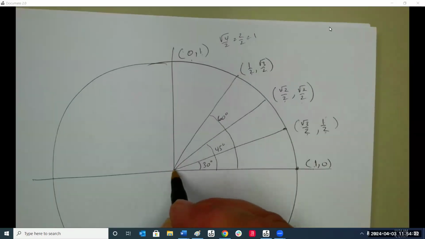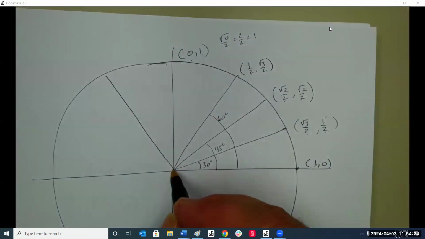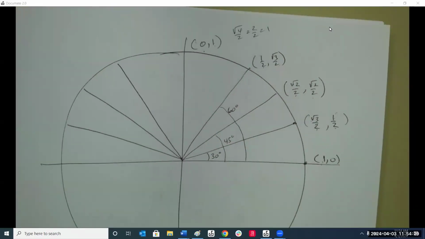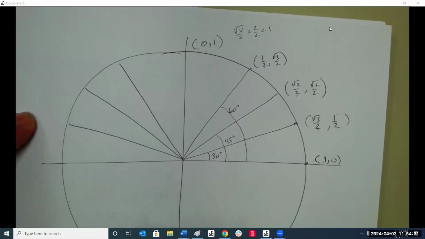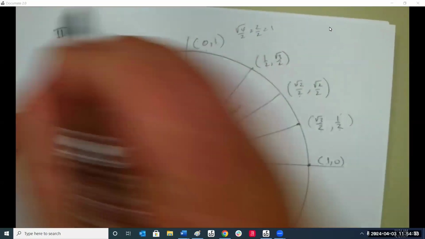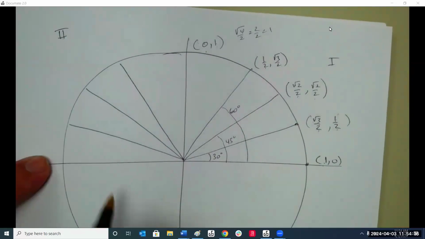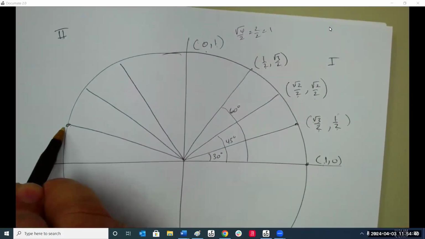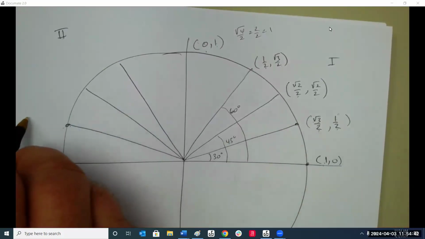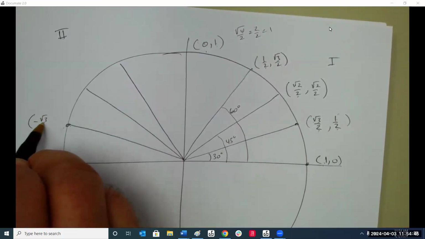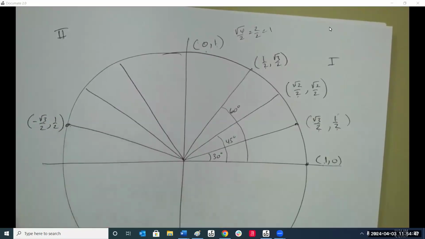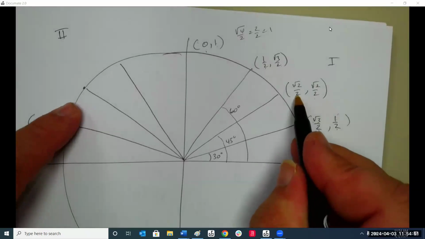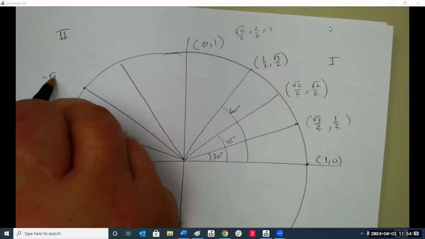Now, with these, we can figure out the quadrant 2 information. This one's going to be what? The x value changes. The y stays alone.